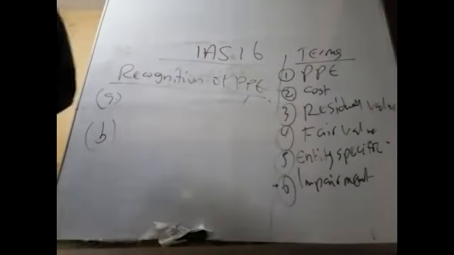So the conditions are number 1 and number 2. Probably you know them already; you've come across them. Condition number 1: it is probable that future economic benefits associated with the PPE or the asset will flow to the entity.